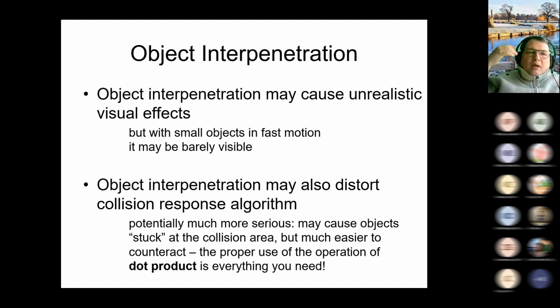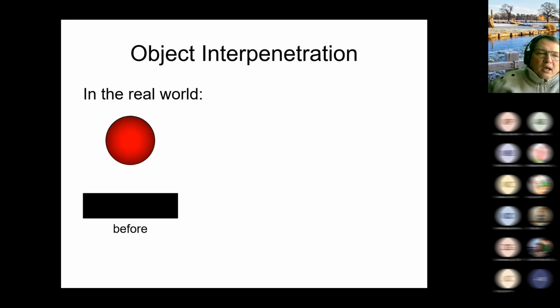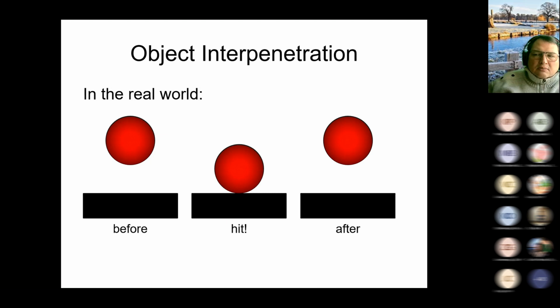Basically, why we worry about object penetration. Object interpenetration may cause unrealistic visual effects, but with a small object in fast motion, this may be barely visible. But also, object interpenetration may distort the collision response algorithm, and I'm explaining how. In the real world, we have an object just above the floor, then it's hitting the floor, then it's going back upwards.